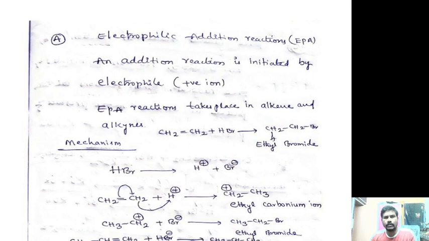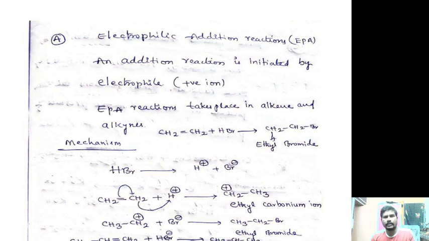HBr ionizes into H+ and Br-. H+ is the electrophile. Why does the electrophile attack first?